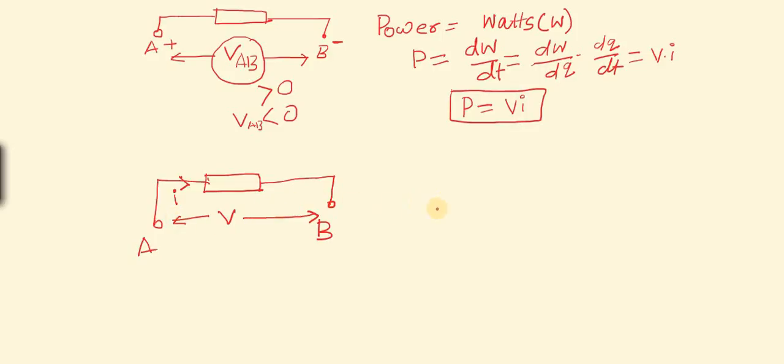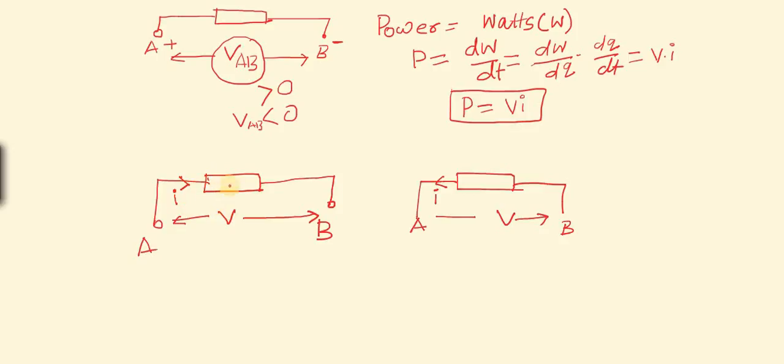Let's take another element, here also there are point A and point B, and the voltage between them is V. In this case, current is coming out from the element. In case of the first element, the current is entering the element. That means this voltage is driving the current into the element.